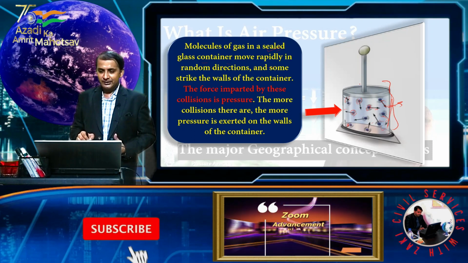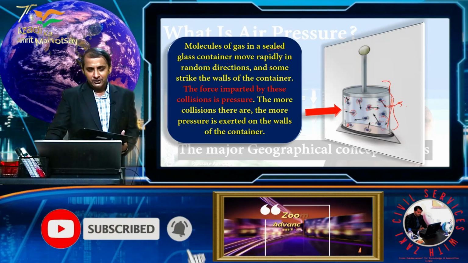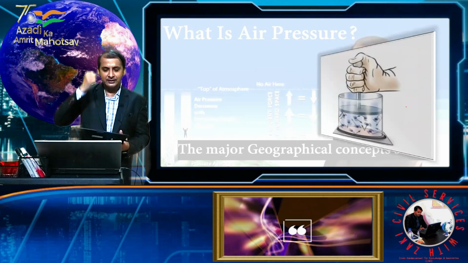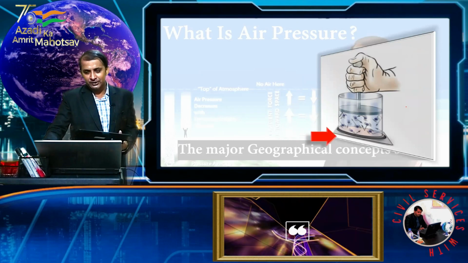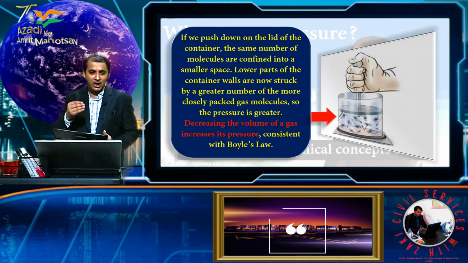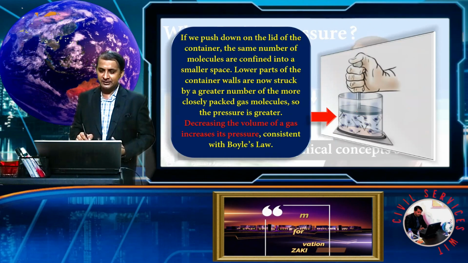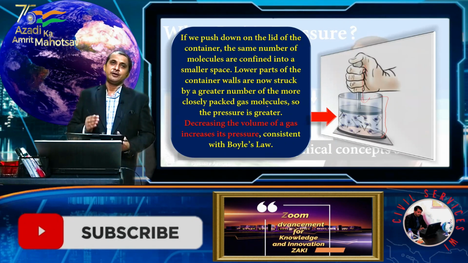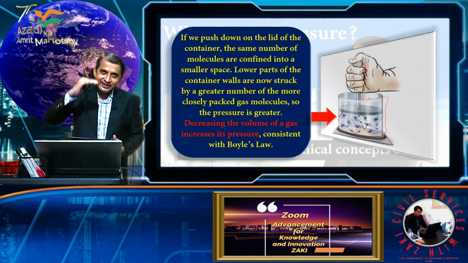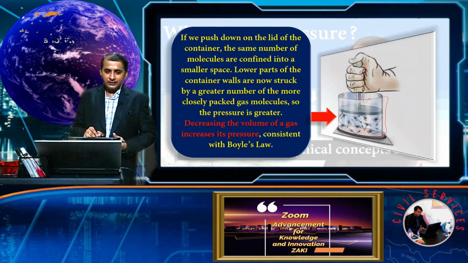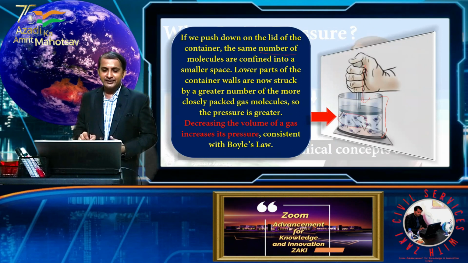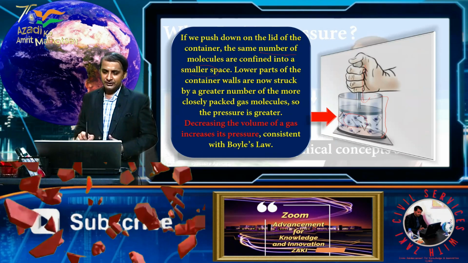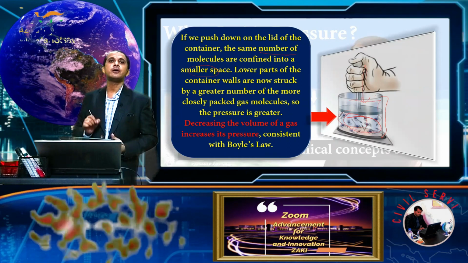Now let's see what happens if we pull or press. If we push down the lid of the container, the volume of the gas decreases. The number of molecules is the same, but the molecules are confined into a smaller place, not the whole glass container.